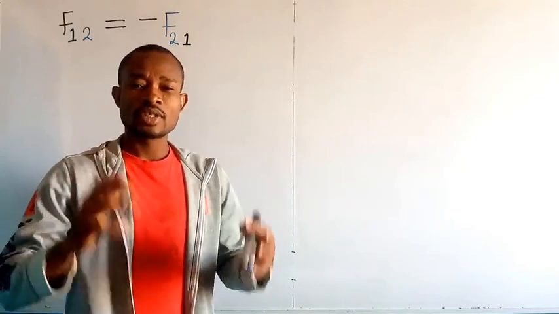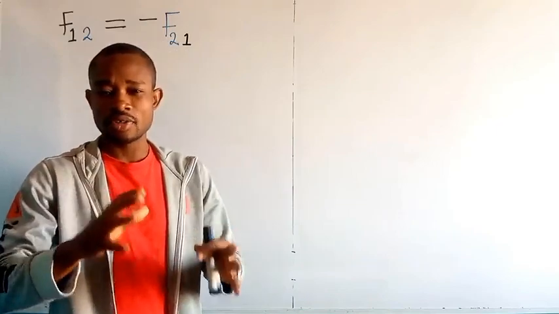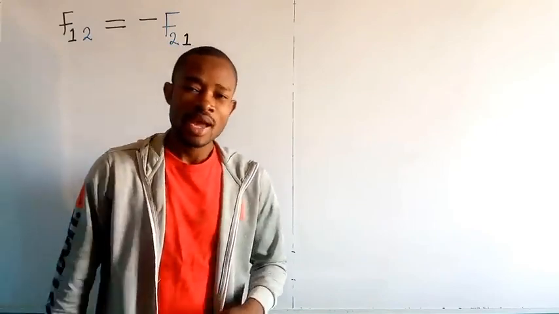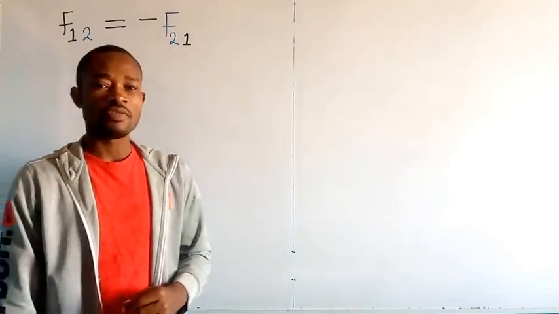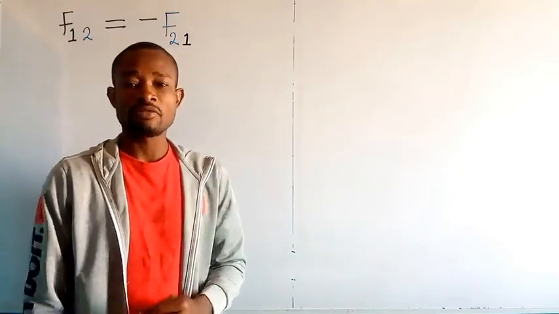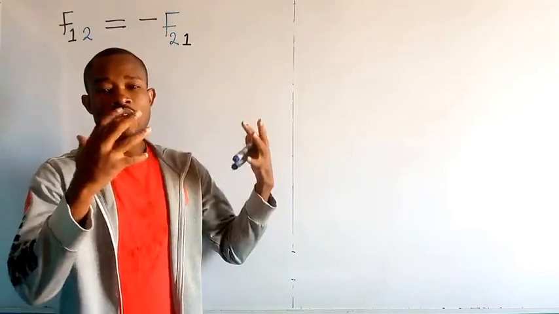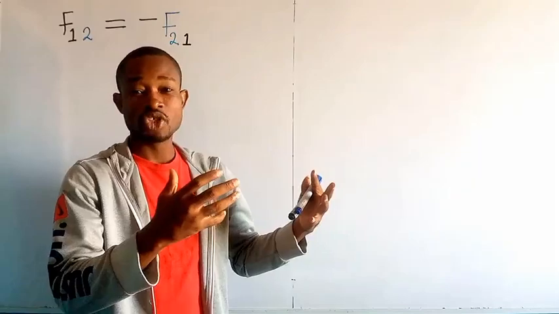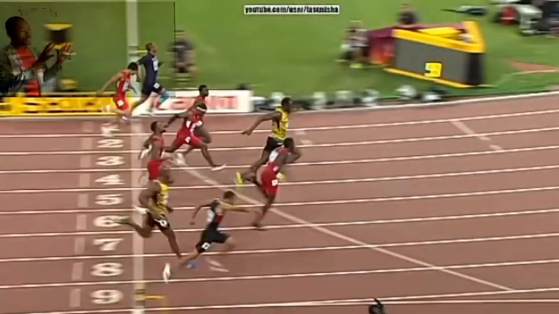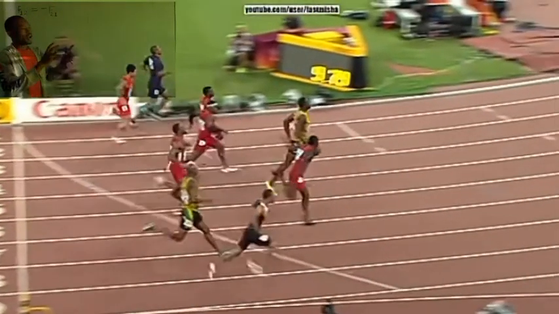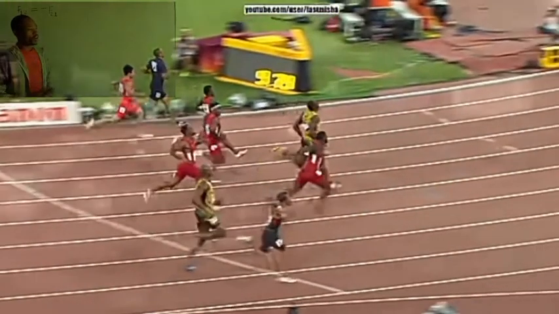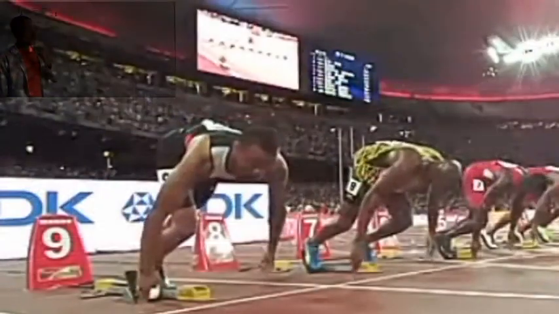We are going to meet Usain Bolt and his crew in a 100-meter race as a classical application of Newton's third law of motion. Please watch as we move on to Beijing. Now you observe that in the Olympics, these guys are set to take on a race. Please watch.